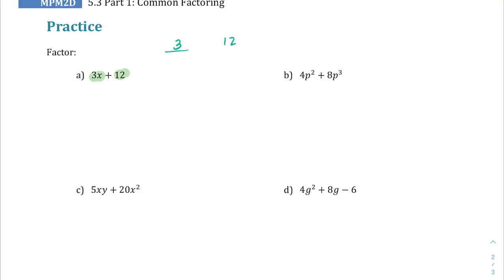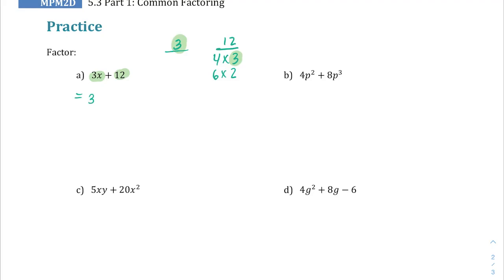Well, 3 is already a prime number, which means it cannot be divisible by another number. So 3 is the lowest number. But 12 could be further reduced by 4 times 3 or 6 times 2. So what is common between these two as the greatest common factor? 3 and 3. So that means in this equation, we can factor out a 3.